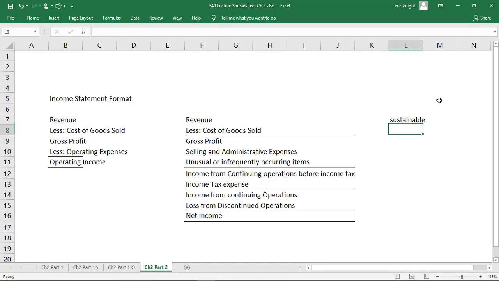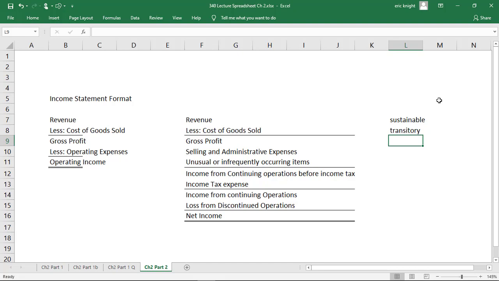Sustainable revenue is ordinary, normal, we can expect it to be here in the future. And then we have transitory items, which are infrequent or they don't occur very much. And so because they are not expected to reoccur or not occur very often, we don't want to use them to make predictions because they're probably not going to happen again.